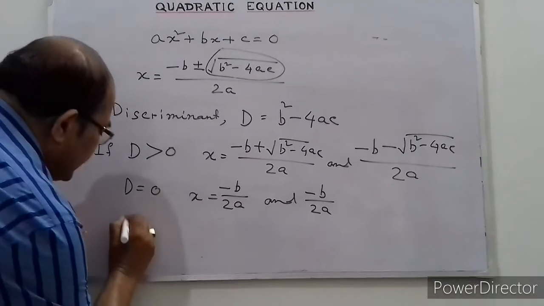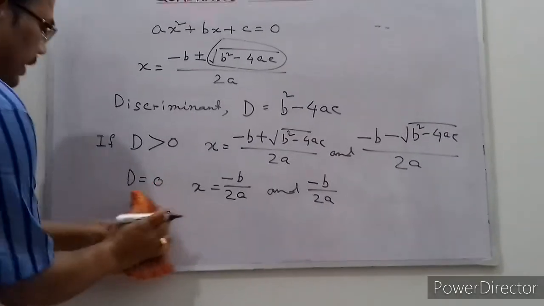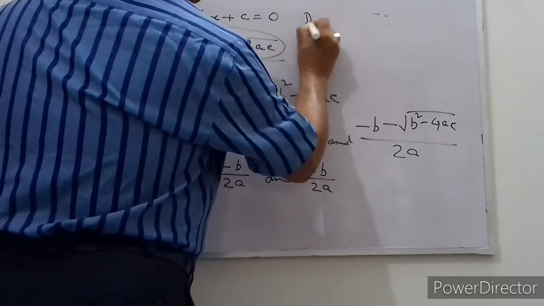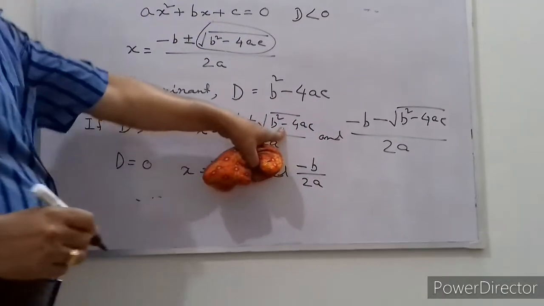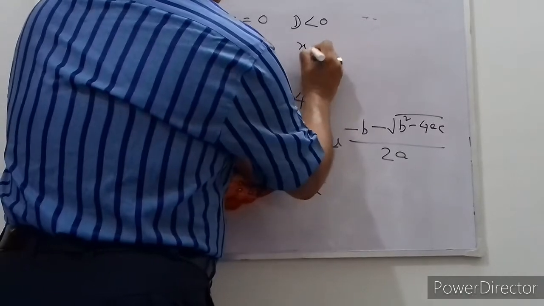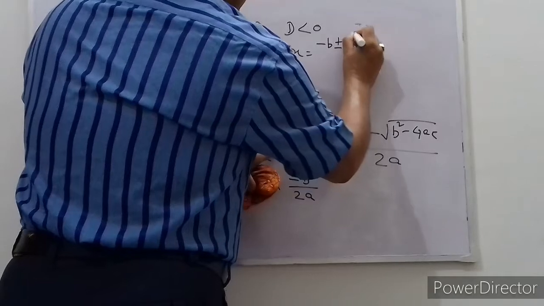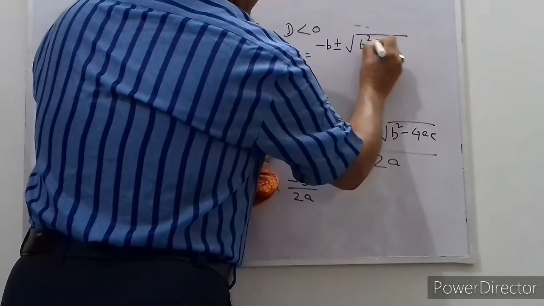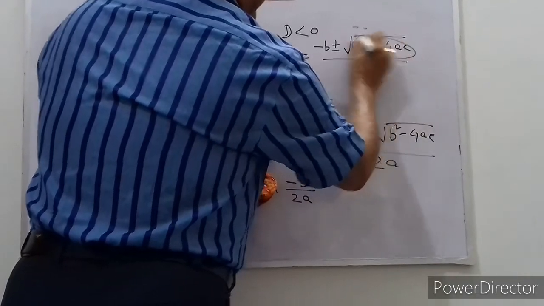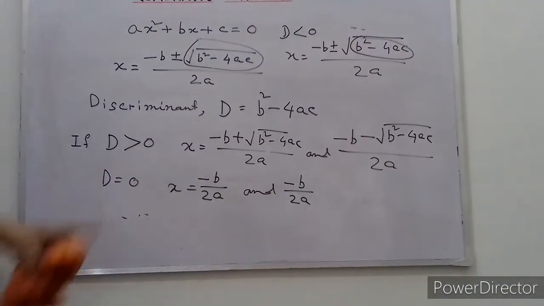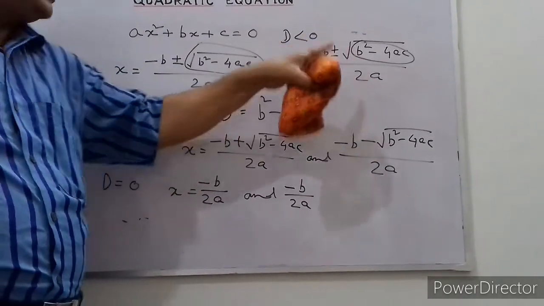Okay, but suppose D less than 0. This is the most interesting case. If D is less than 0, then under this root we are getting a negative number, that is x equals minus b plus or minus root b square minus 4ac by 2a. This is a negative number. We know the square root of a negative number is not possible, so this is an imaginary number.